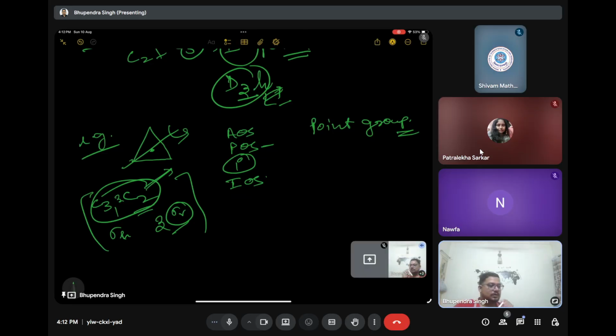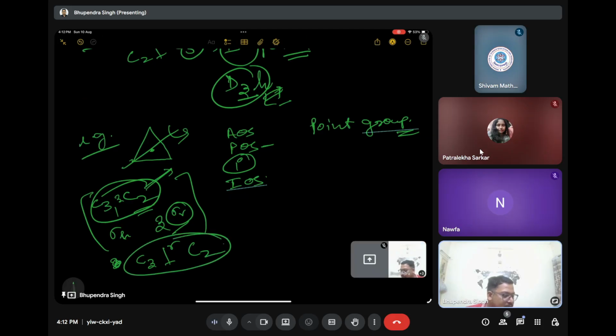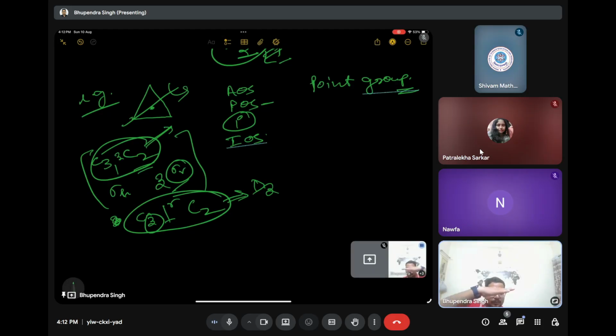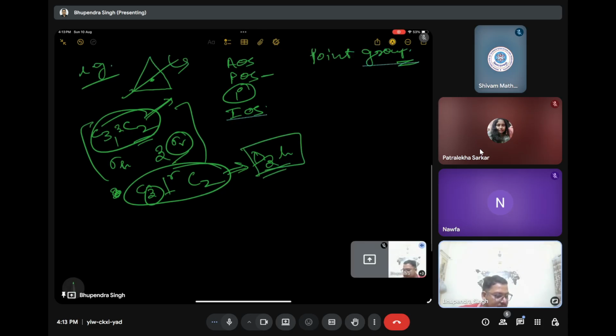So C3 is perpendicular to C2, which means which point group will you get? D. What is the principal axis? 3. D3. Now, do we have the molecular plane perpendicular to the principal axis? Yes, we have. So D3h. Point group is D3h.